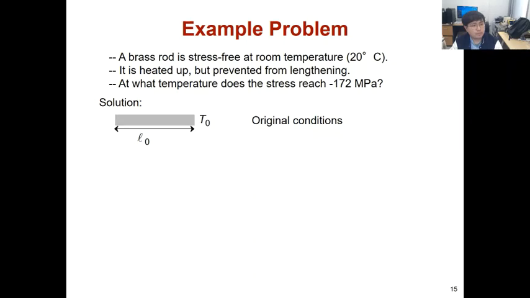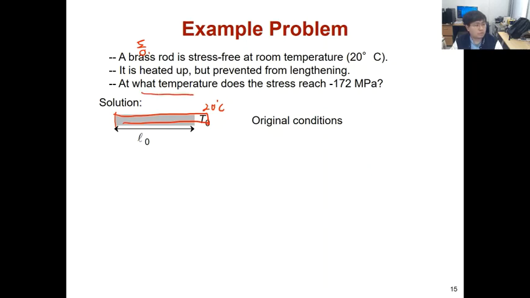So for example, here, a brass rod. Brass is some dong, maybe in Korea. So the stress, as stated, there is no constraint here. The temperature is 20 Celsius, but it is heated up. That means it will expand more.